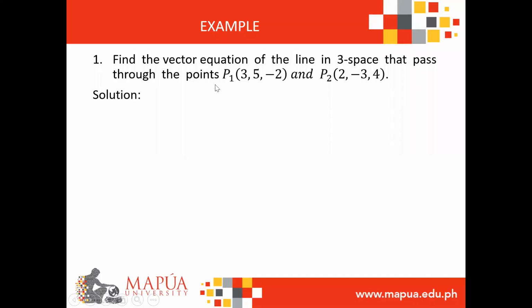So let us have this example. It says, find the vector equation of the line in three-space that passes through the points P1 and P2, whose coordinates are given. For P1, we have 3, 5, negative 2, and for P2, we have 2, negative 3, 4.